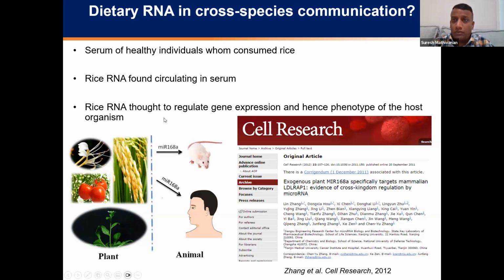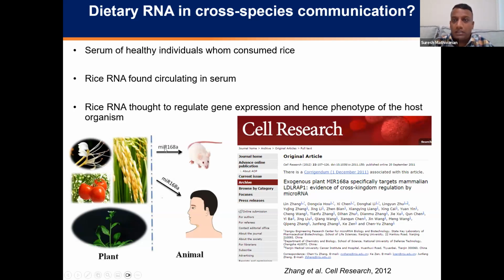And then they went on to propose that this rice RNA was not only bioavailable, it was able to change the gene expression in several tissues, and thereby was potentially able to change the phenotype of the host organism, right?